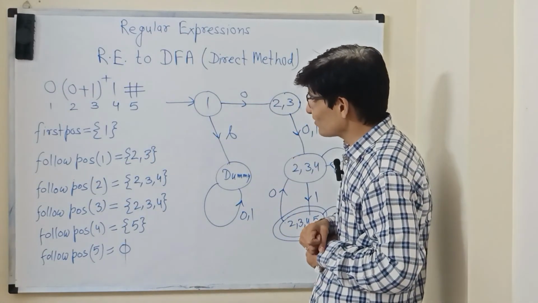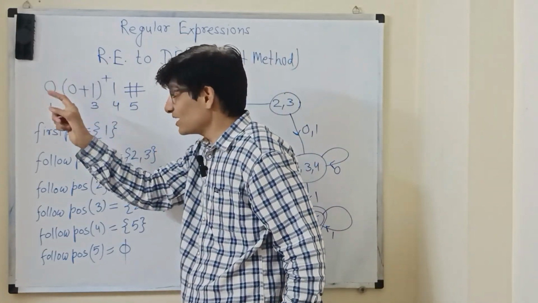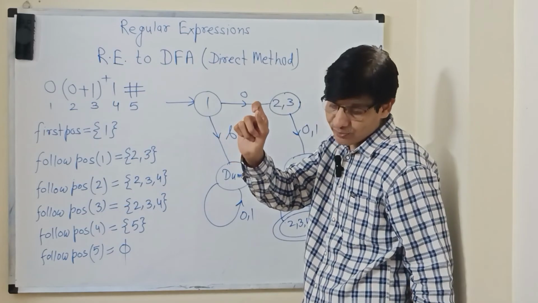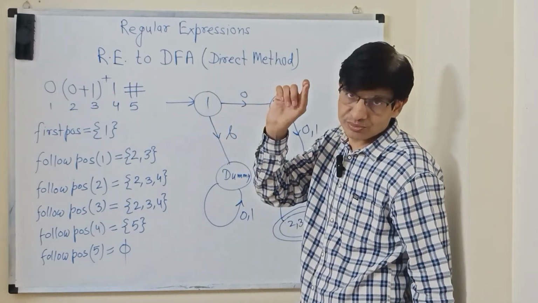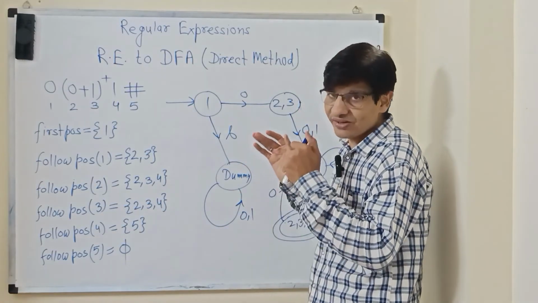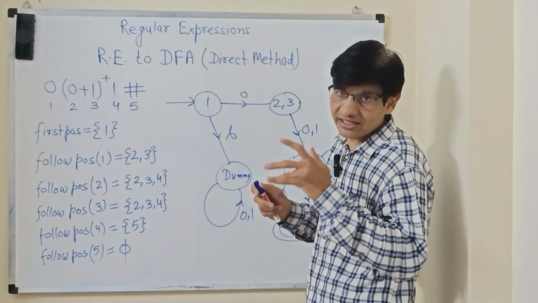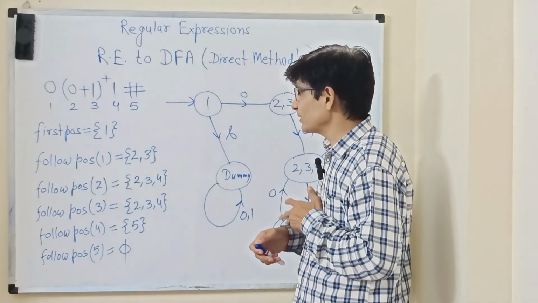So sometimes, my friends, you need to add a dummy state where your regular expression has a compulsory symbol at first position. I hope this is very clear to all of you, and in case of any doubt, you can always write to me in comments. I will definitely reply to your comments.